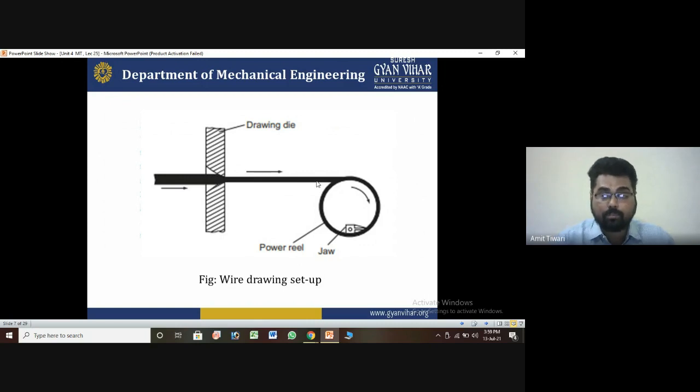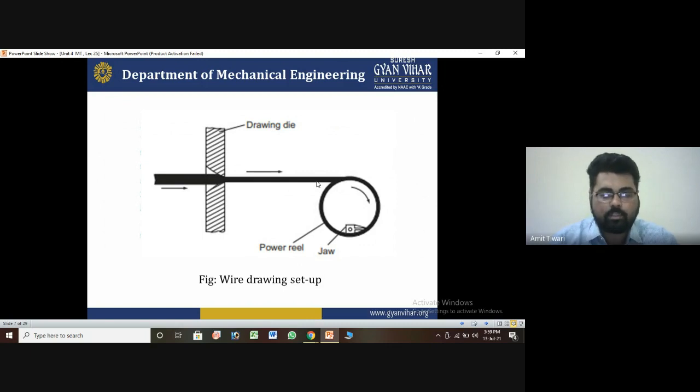The workpiece material is the most important part, because every metal has a different capacity, a different strength and hardness. So first of all you have to identify the hardness of the particular material from which we want to make the die or the product.